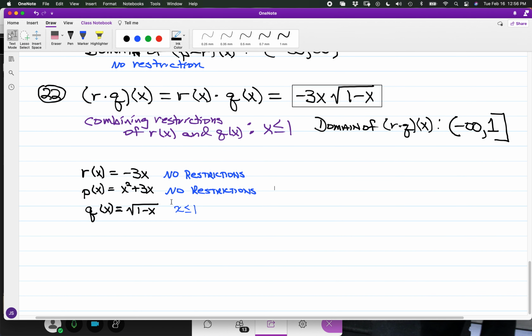This time we're looking at q over r of x. Let me give you a little bit of a segue here, focusing on combining restrictions. So we're looking at q over r of x.